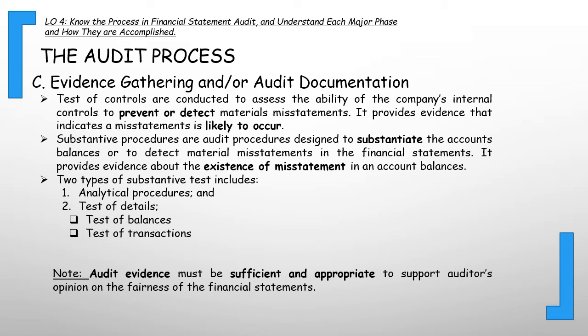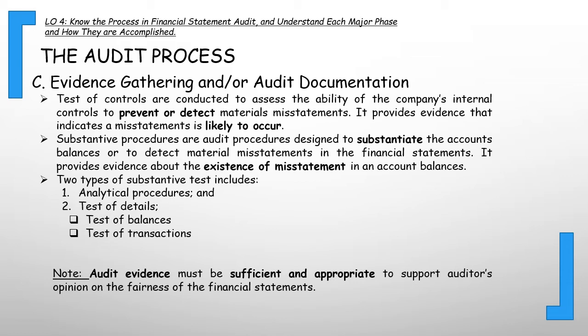Di ba? Then, dun sa pag-compare, makikita natin at chine-check natin yung mga material or significant differences. Di ba? Let's say yung cash, tumaas ngayong taon or bumaba ng sobra. Accounts receivable, tumaas or bumaba ng sobra. So, meron bang nakolekta or meron bang malaking sales? Bakit tumaas siya masyado? So, from that, magkakaroon na agad tayo ng idea kung saan yung focus ng audit natin. So, that is analytical procedure.